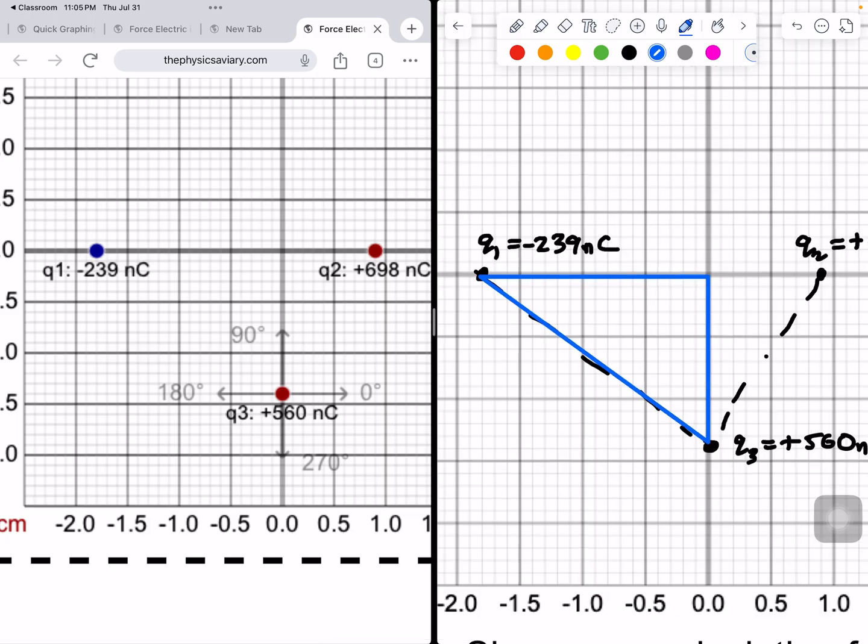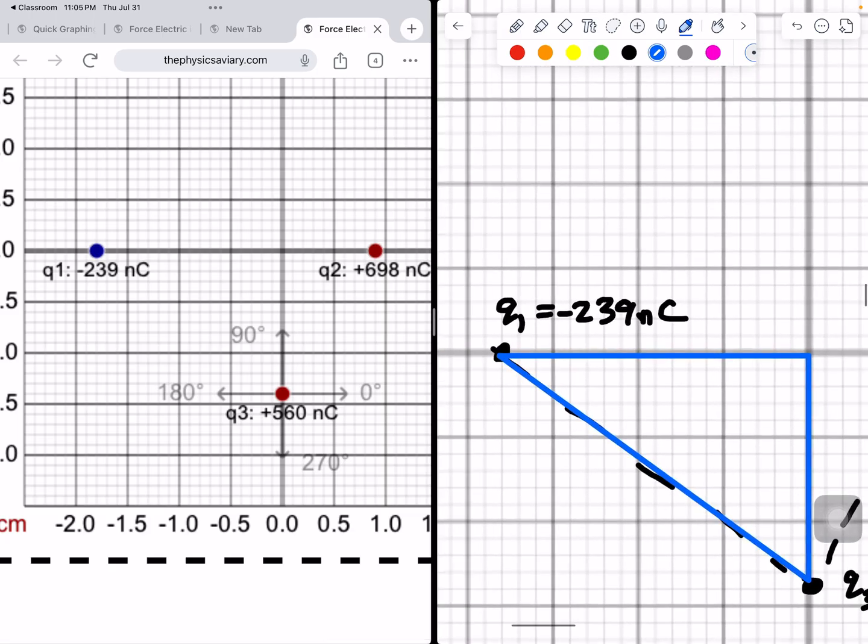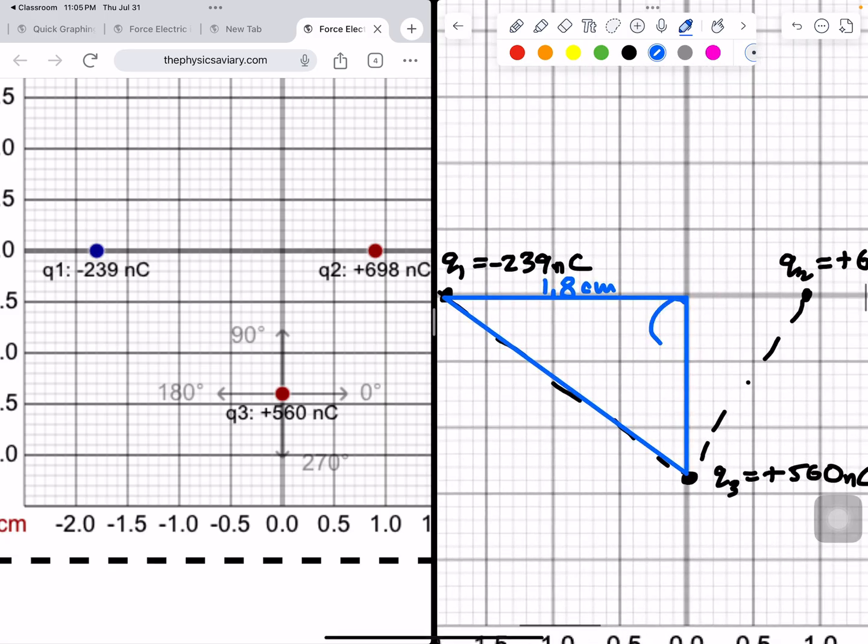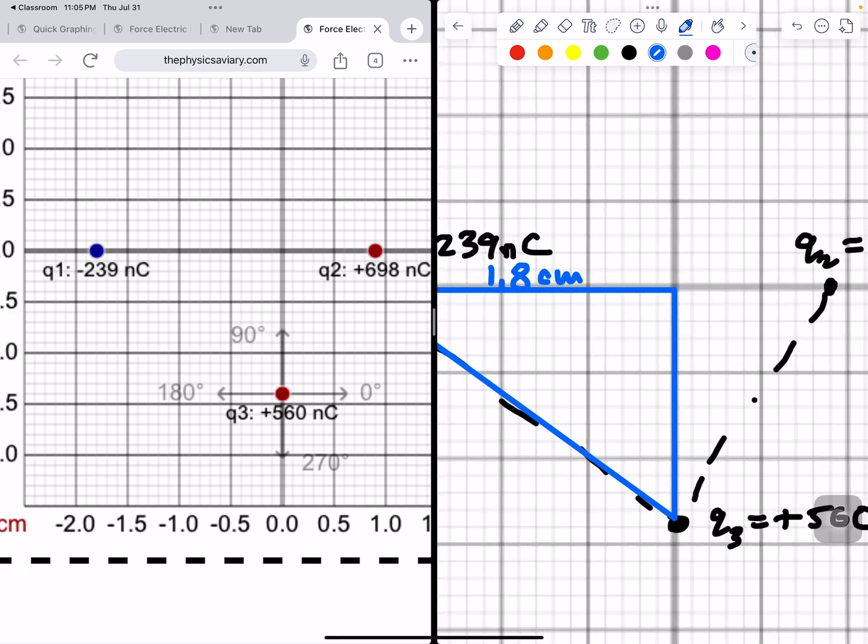Okay, and you can see clearly that the top distance right here, remember every single box is 0.1 centimeters. So we're looking at, let's see, 5, 10, 15, 18. That would be 1.8 centimeters. And then this is about 1.4 centimeters.